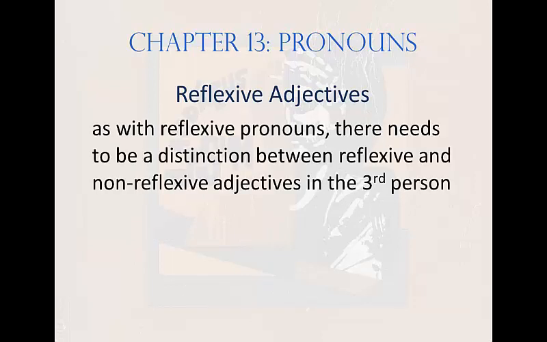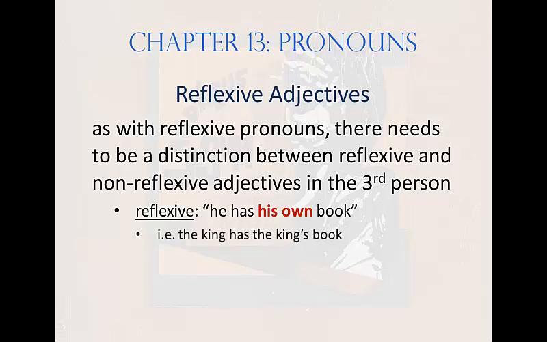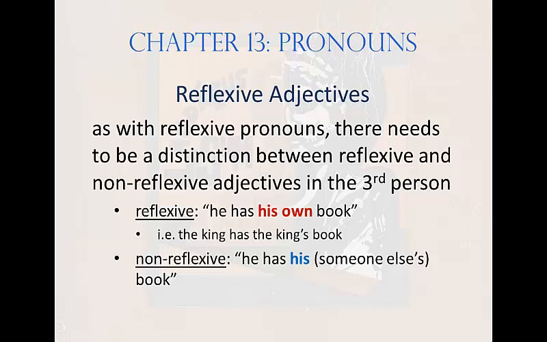And again, as with the pronouns, a distinction must be made between reflexive and non-reflexive forms in the third person. So, for instance, he has his own book. His own, as the reflexive form, means that the king has his own, the king's book, as opposed to he has his, that is someone else's, book, meaning the king has the poet's book, in which case his is non-reflexive.